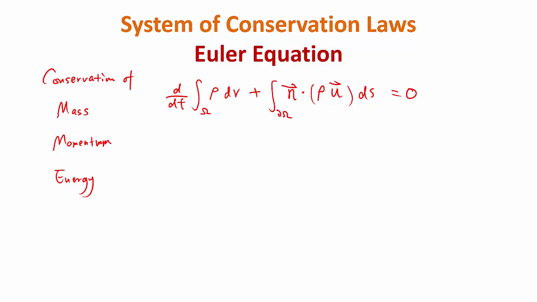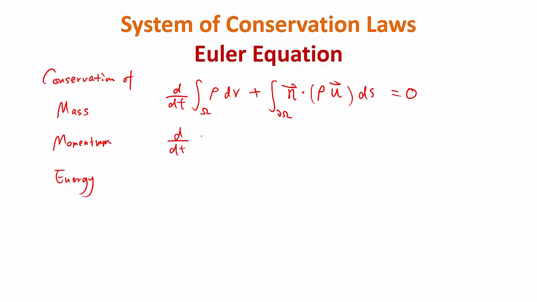And you can see the mass flux doesn't just depend on mass itself, it also depends on something else, u. Okay, so it is not a scalar conservation law because the flux depends not just on that variable, it also depends on another variable that is conserved, which is momentum.